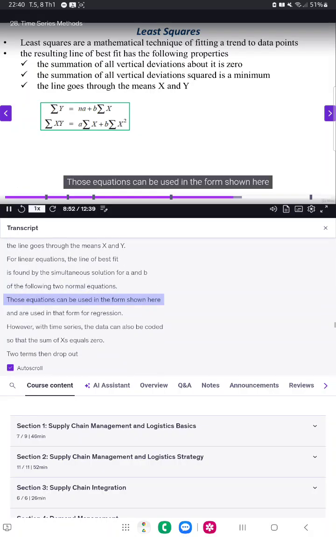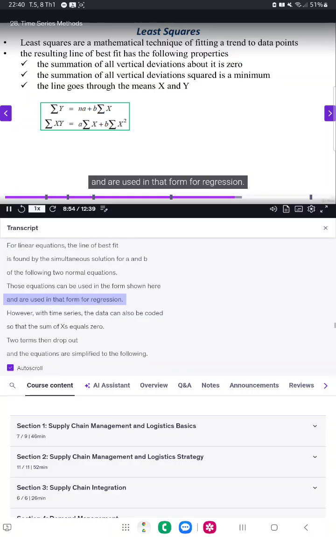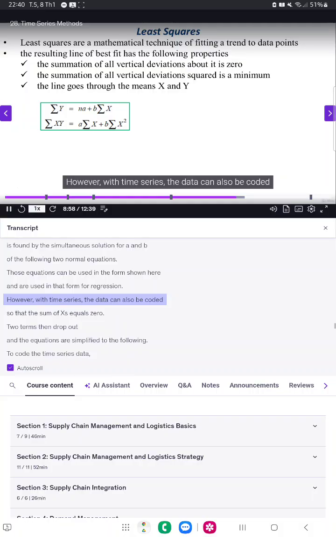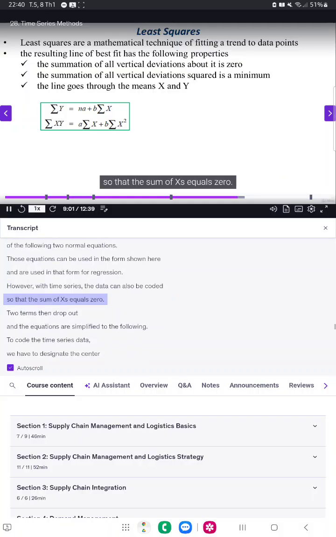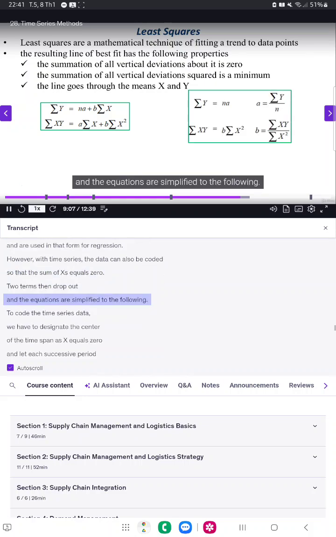Those equations can be used in the form shown here and are used in that form for regression. However, with time series, the data can also be coded so that the sum of x's equals 0. Two terms then drop out and the equations are simplified to the following.